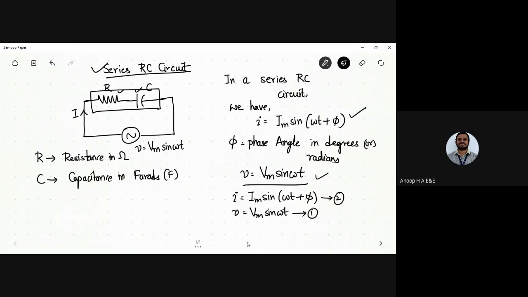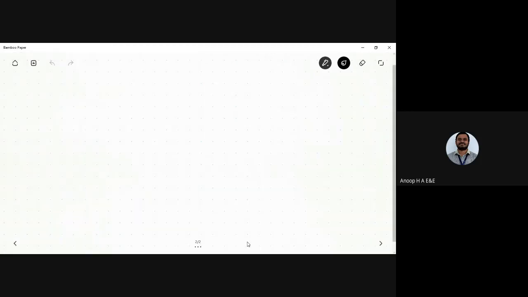Now, if I want to talk about the vector diagram, how shall I write it? V and I are the RMS values of voltage and current.